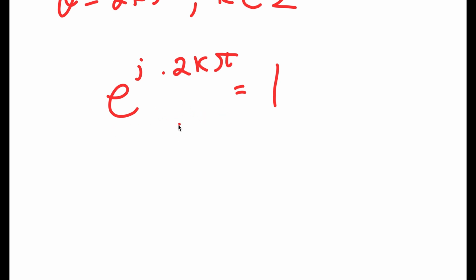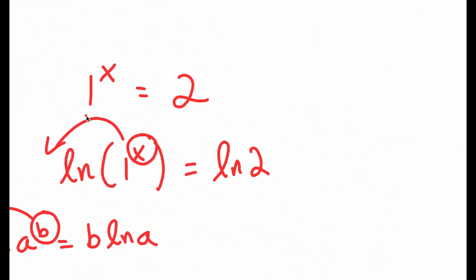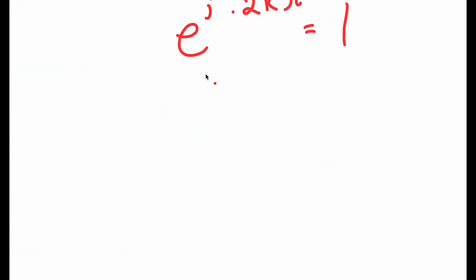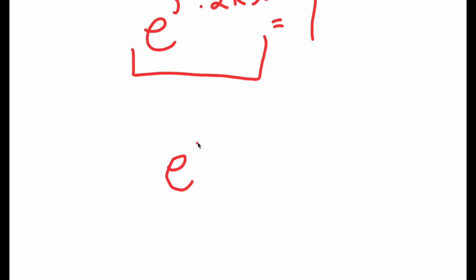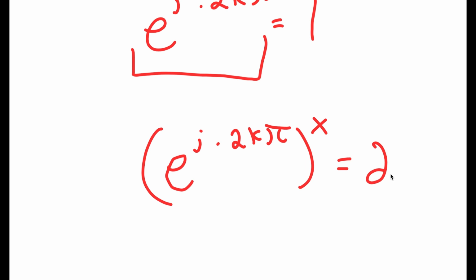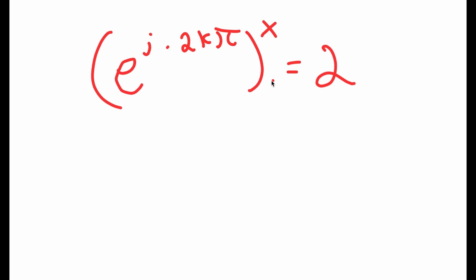Now, because this is equal to 1, we can remember our first equation, which we started with, 1 to the power of x equals 2, we can substitute in this for 1, meaning I get e to the power of i times 2k pi, to the power of x, is equal to 2. So just think of this as 1. So I have basically 1 to the power of x equals 2. And now with this, I'm going to take the ln or natural log on both sides.